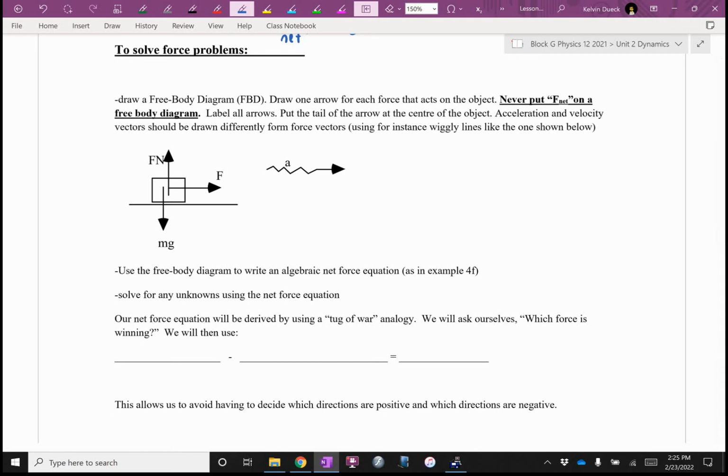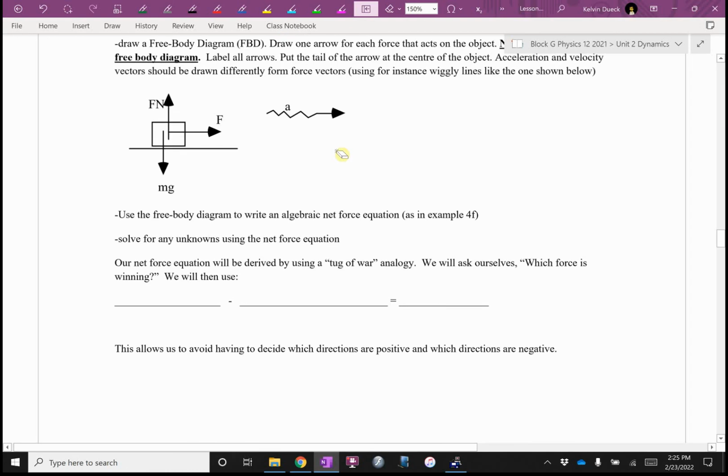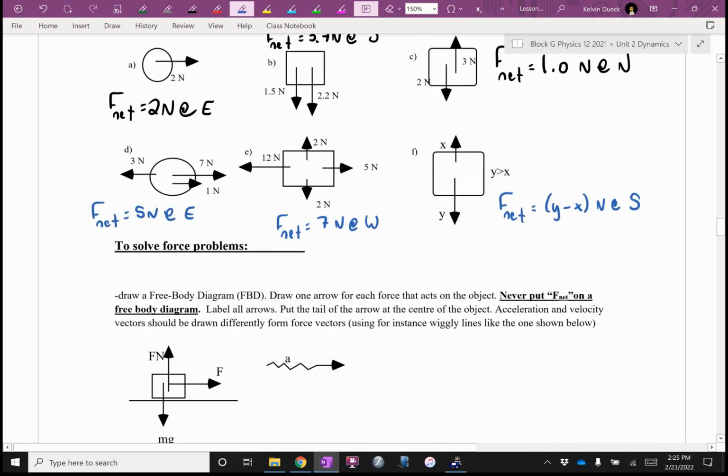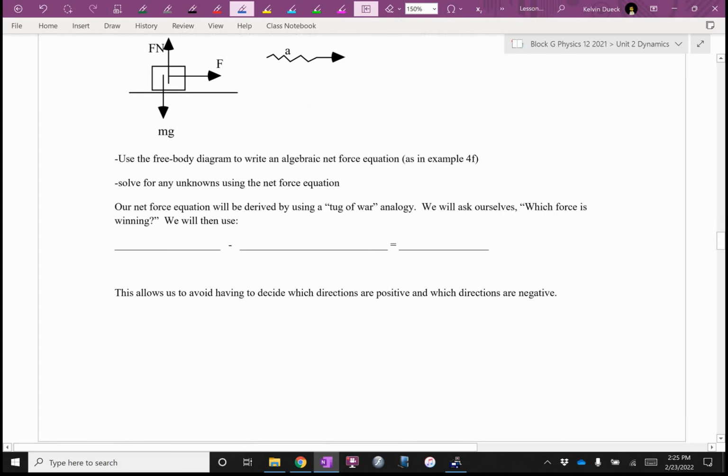So we're going to use the free body diagram to write an algebraic net force equation, kind of like we did here. We're going to solve for any unknowns. Our net force equation will be derived using a tug-of-war analogy. We're going to ask ourselves, which force is winning?